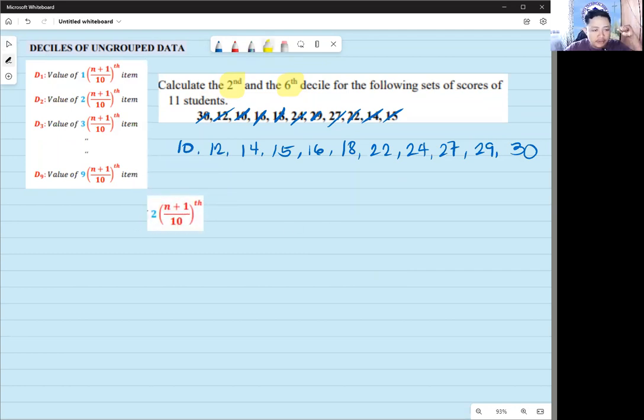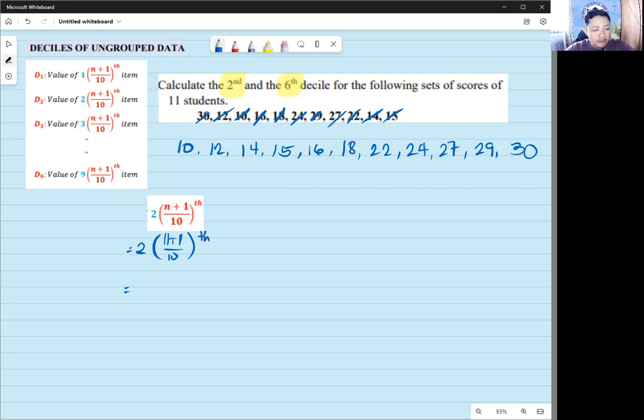All we have to do here is to substitute. So we will have 2 times n, and n is 11 because there are 11 data. 11 plus 1 over 10, and then th, meaning we are looking for that number of item.